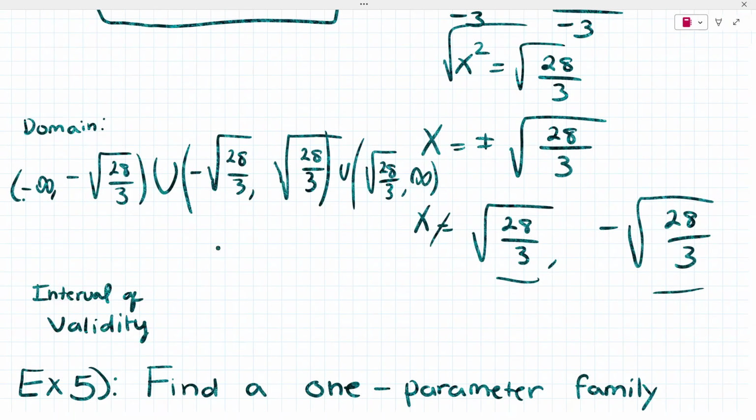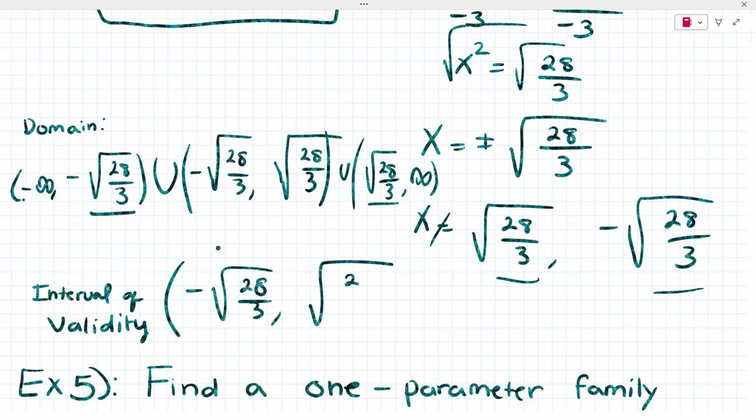So it's basically from negative square root of 28 over 3 to positive square root of 28 over 3. So your interval of validity would be from negative square root of 28 over 3, comma, square root of 28 over 3.